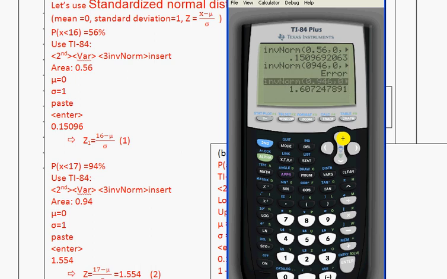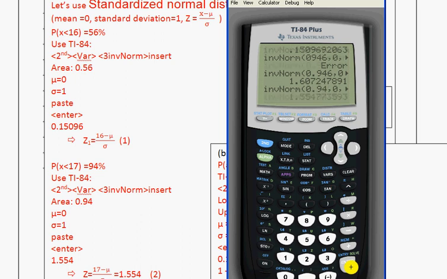I should have 0.94, so I should do 4. I delete 6. I press enter, and I have value 1.554. This is second z, 1.554, second z. Right.